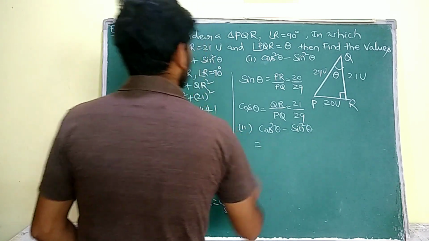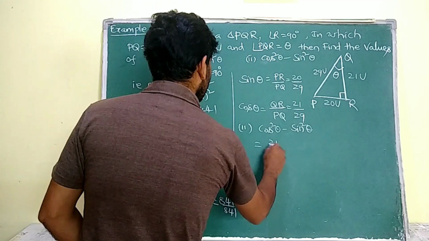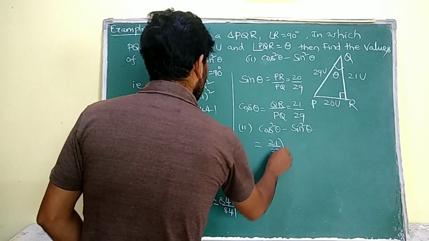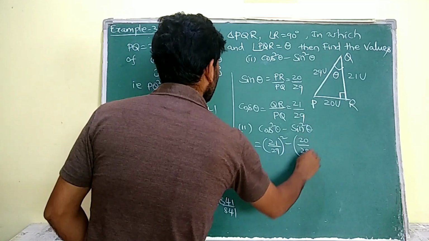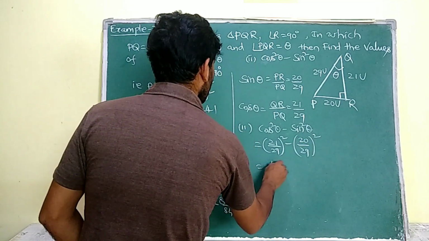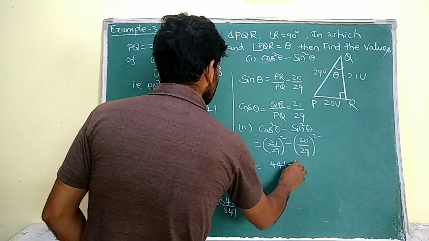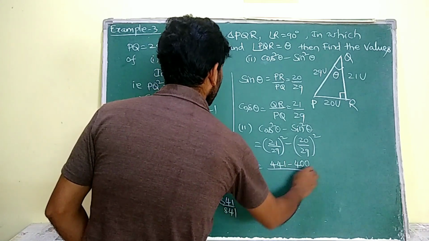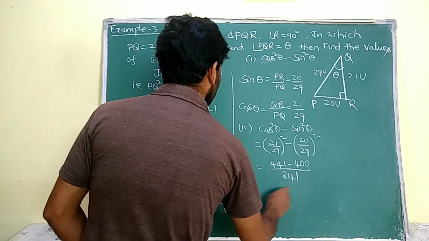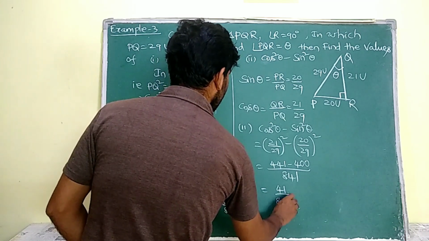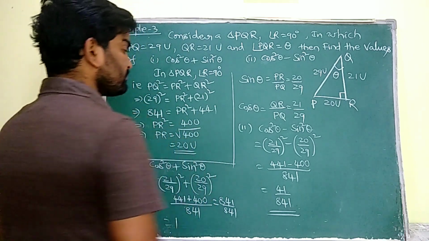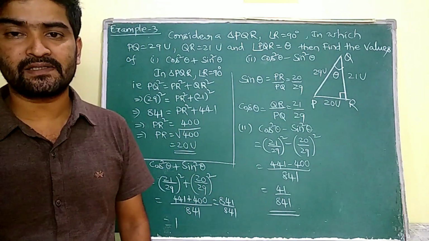Cos square theta means 21 by 29 whole square minus 20 by 29 whole square. That is equal to 441 minus 400 by 841. That is equal to 41 by 841. So this is cos square theta minus sin square theta.